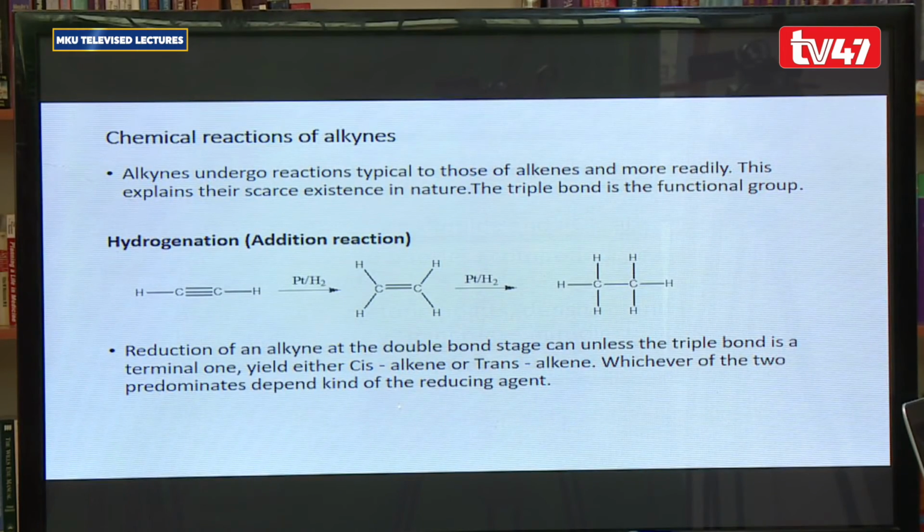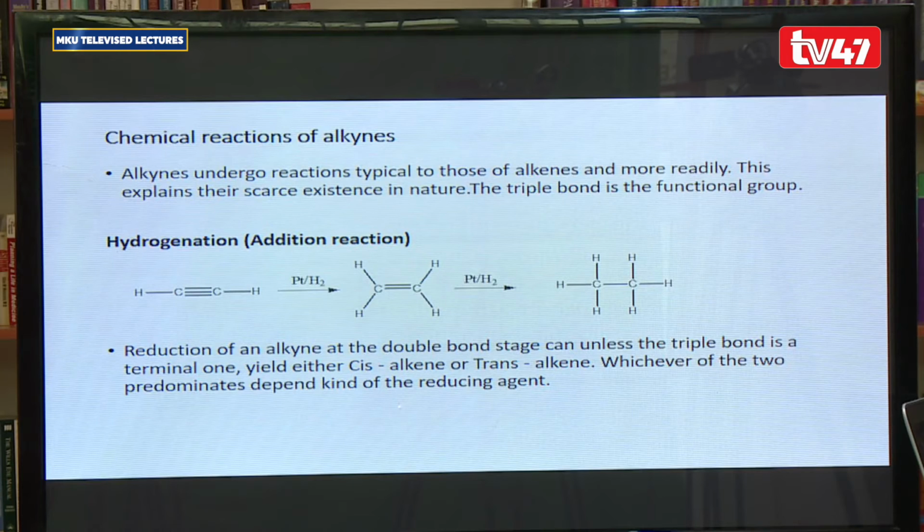Looking at chemical reactions of alkynes, we start with the addition of hydrogen. Just like we saw in alkenes, hydrogen can add to an alkyne at the position of the triple bond, the same way it adds at the position of the double bond in alkenes, when you have a metal catalyst, for example, platinum or other metal catalysts.